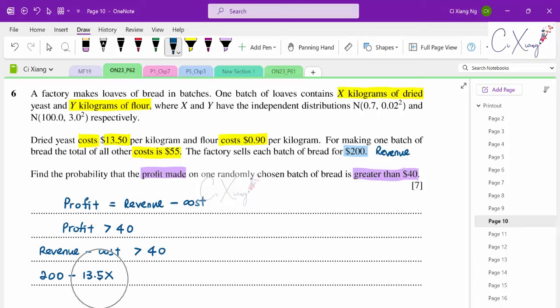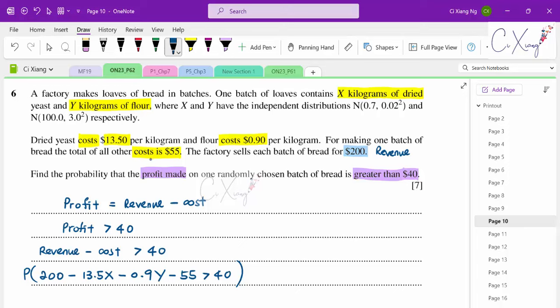And then besides the yeast, we also have the cost from the flour. So from the flour, it is 0.90 per kilogram. So it depends on the weight of flour used. And after that, we still have the fixed cost, which is 55 for one batch of bread. So you have to minus 55, greater than 40. So basically, this is the probability that they want us to calculate.